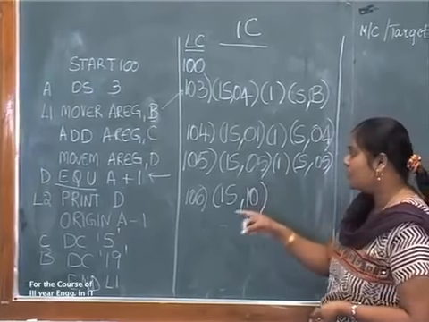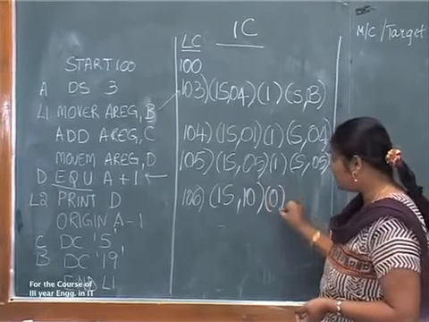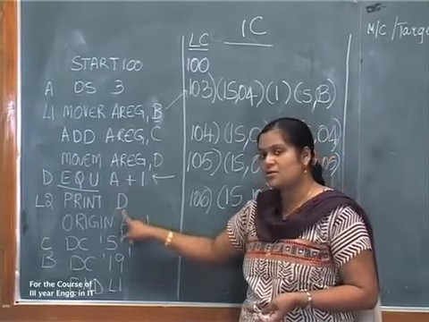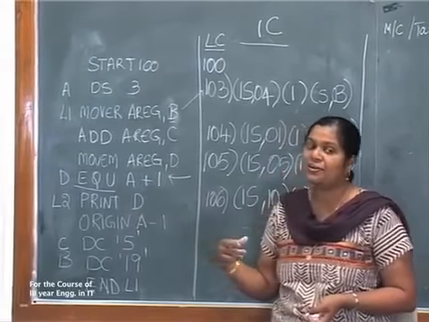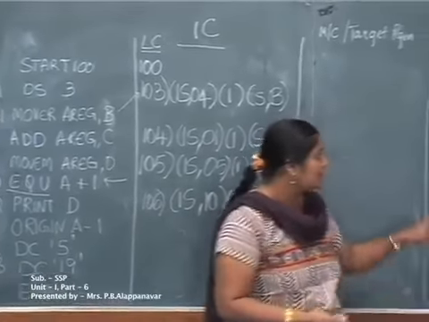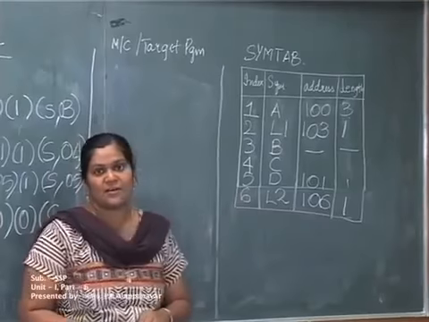Now D has come. D is a symbol. I don't have the first operand. For the second operand, it is a symbol. See whether D is already there in the symbol table and get its index value. If it is not there, you will have to make an entry. But in our case, D has already been entered and the associated value is 5.